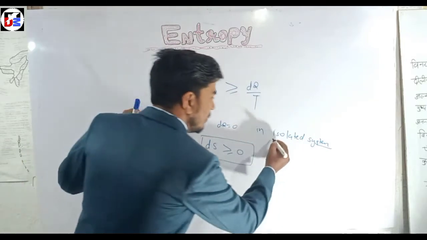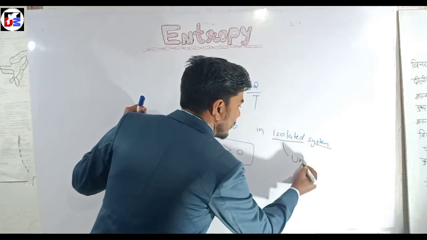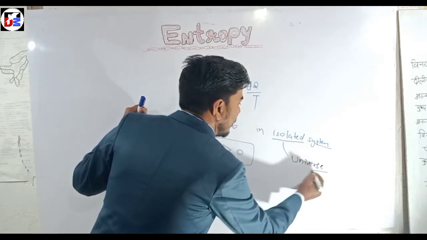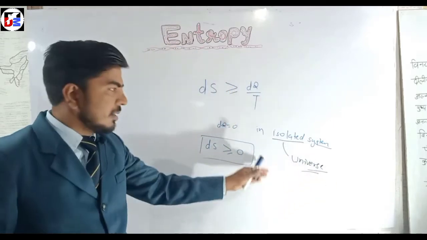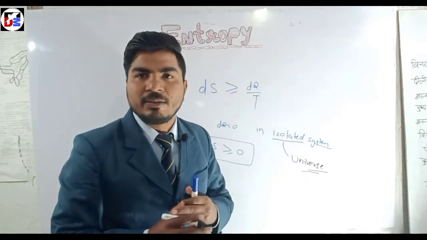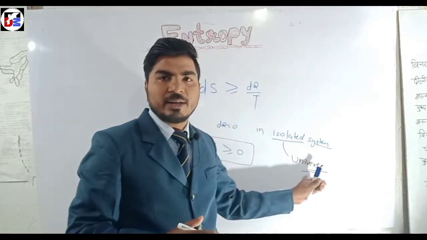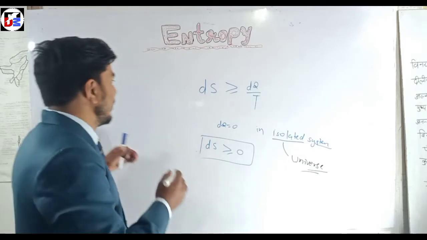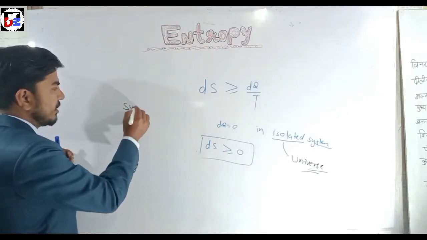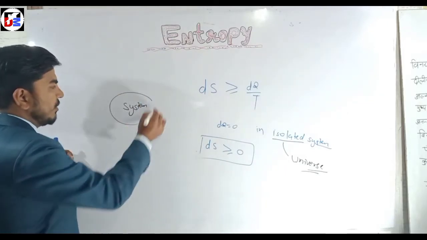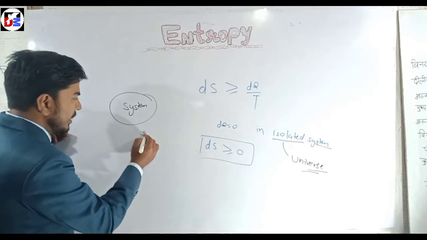No real system is truly isolated, but the universe is treated as an isolated system. Here you can say this is the system, and outside the system is called the surrounding.